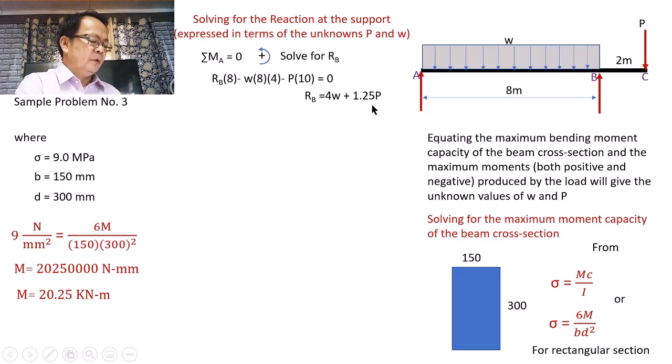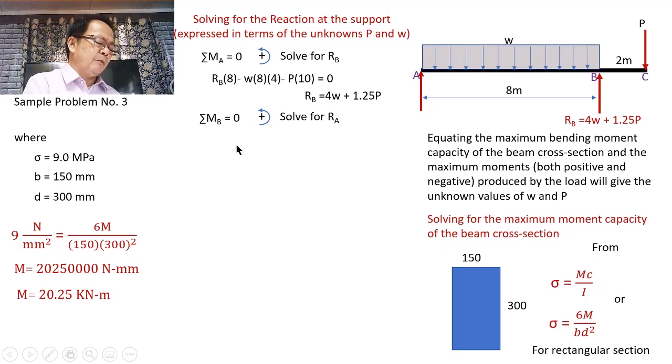Diba? Ngayon, kapag nag-moment summation about B, masosolve naman natin yung reaction at A. So that, we will apply the moment summation about B equal to 0, and we consider also counterclockwise moment as positive. From here, masolve natin yung R sub A. Ang ating moment equation will be W times 8 times 4.